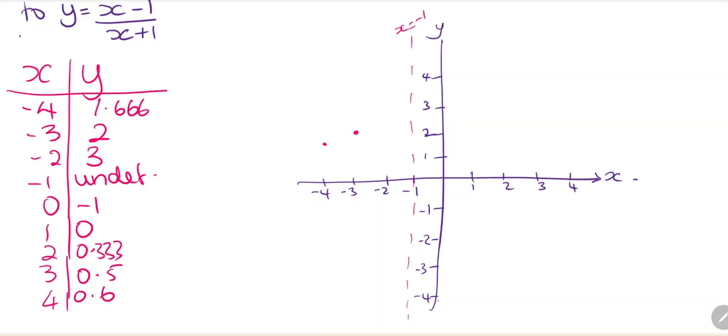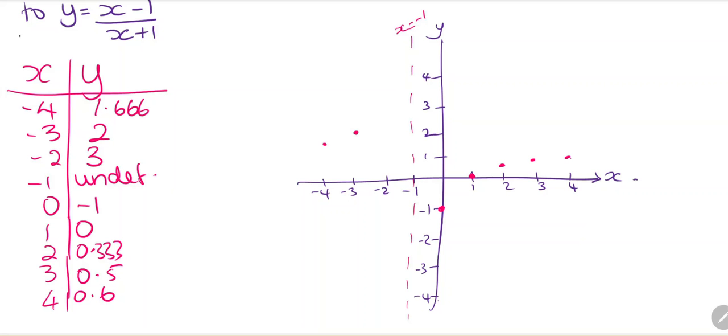Then we have 0 and -1. 1 and 0. So 2 and 0.33. We have 3 and 0.5. Not quite accurate enough, but that's okay, just a sketch.